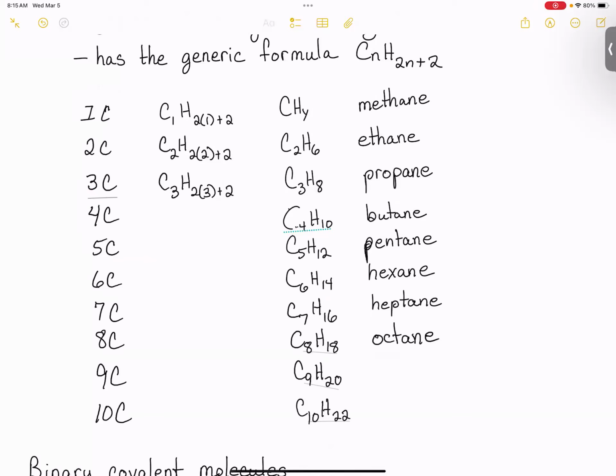The next one is 9 carbons. The prefix for 9 is nona, so it's nonane. And finally, a 10-sided structure is called a decagon, while a 10-carbon alkane is called decane.